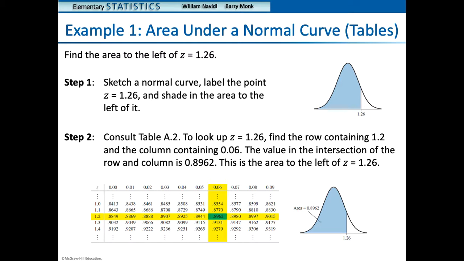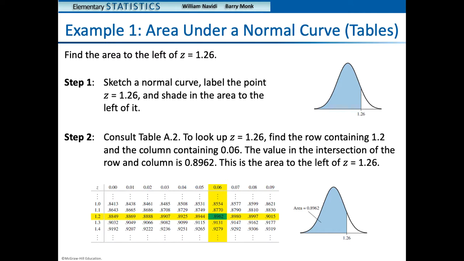The number 1.2 and the number 0.06, added together, give you 1.26. So the second decimal place is used to find the proper column, and where they meet is the number 0.8962. So the area to the left of z equals 1.26 is 0.8962.